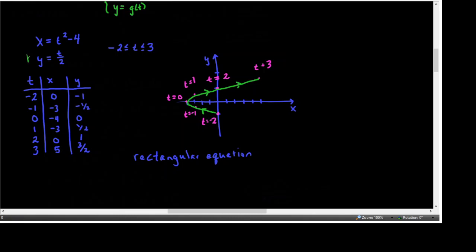Always pick the easiest one, which I think is the one that has y equals t over 2, and solve that equation for t. So you would multiply both sides by 2 to get what t is equal to. Then substitute into the other equation for each t with what t is equal to. In this case, 2y is the same thing as t.